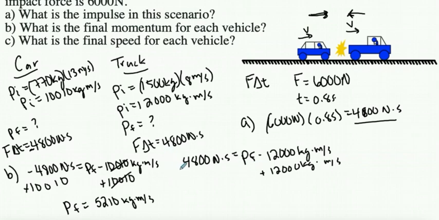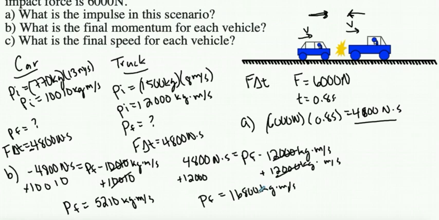Alright, so add 12,000. Alright, that'll take care of that. So we'll have 12,000 plus 4,800, which gives us a final momentum of the truck of 16,800 kilograms times meters per second. So that makes sense because the car is pushing on the truck. That would increase its momentum, which would increase its speed.